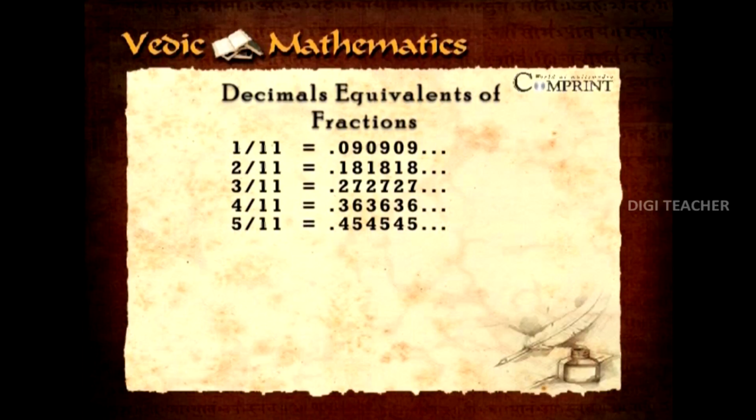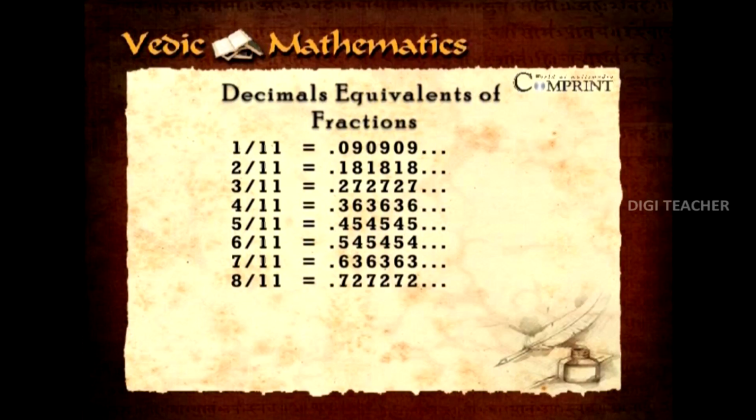5/11 equaling 0.45, 45 and 45, and 6/11 equaling 0.54, 54, 54 and so on. 7/11 equaling 0.63, 63, and 8/11 equaling 0.72, 72, and 9/11 equals 0.81, 81, 81, and 10/11 equals 0.90, 90 and 90, which is nothing but the multiples of 9.